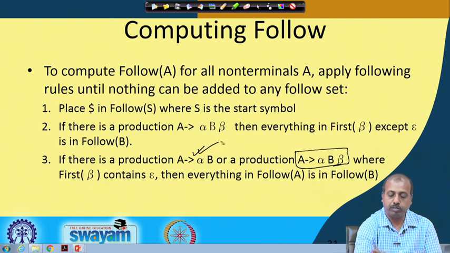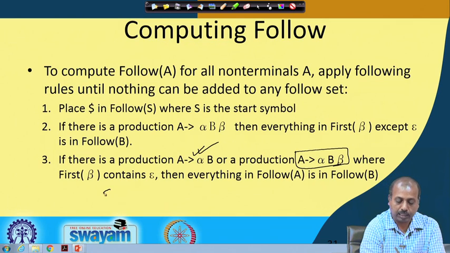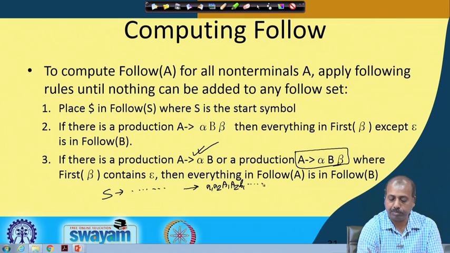Consider this rule, A producing alpha B. Then everything in follow of A will be in follow of B. Why? Suppose, starting with the start symbol of the grammar, we are deriving strings, and at some point I have a string with these terminal and non-terminal symbols, and after some time there is one A, and after that I have a symbol, say small a.